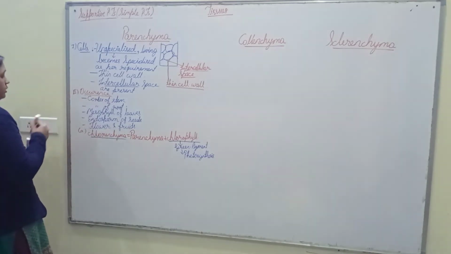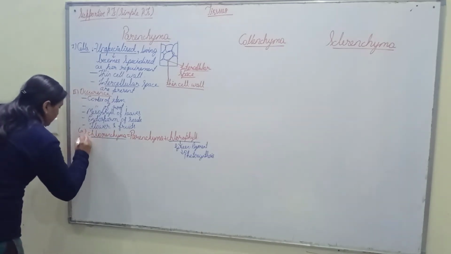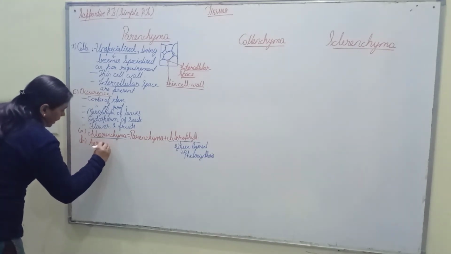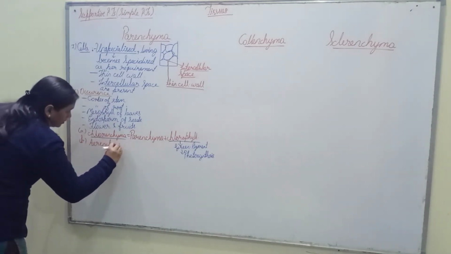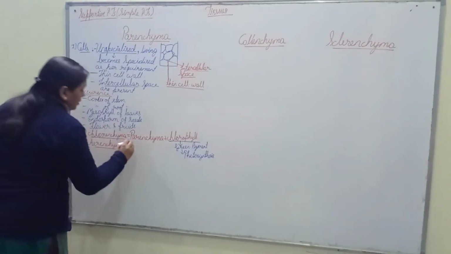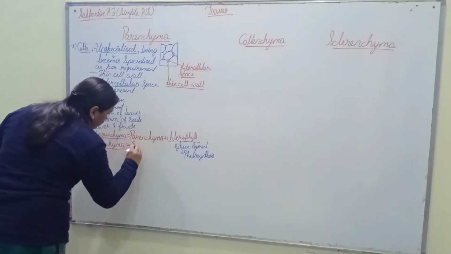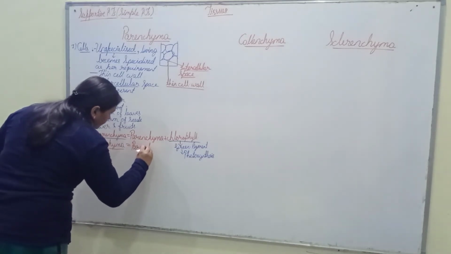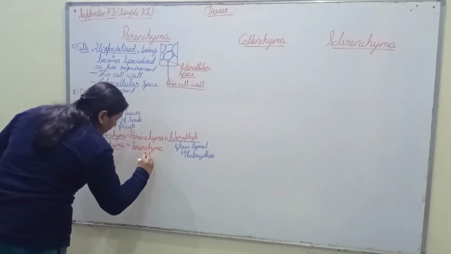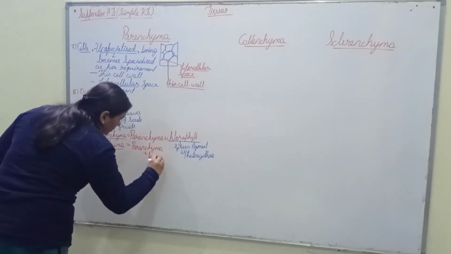And also these parenchymatous cells exist in the form of aerenchymatous cells. Aerenchyma means parenchyma plus large intercellular space.